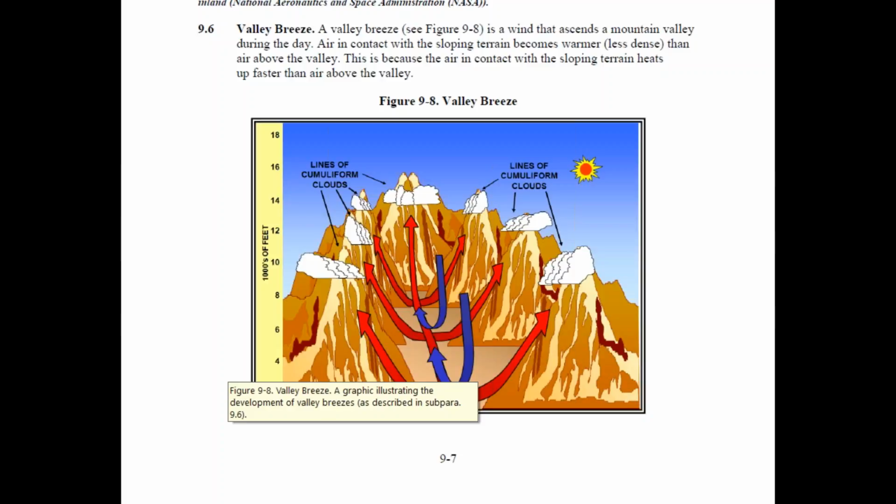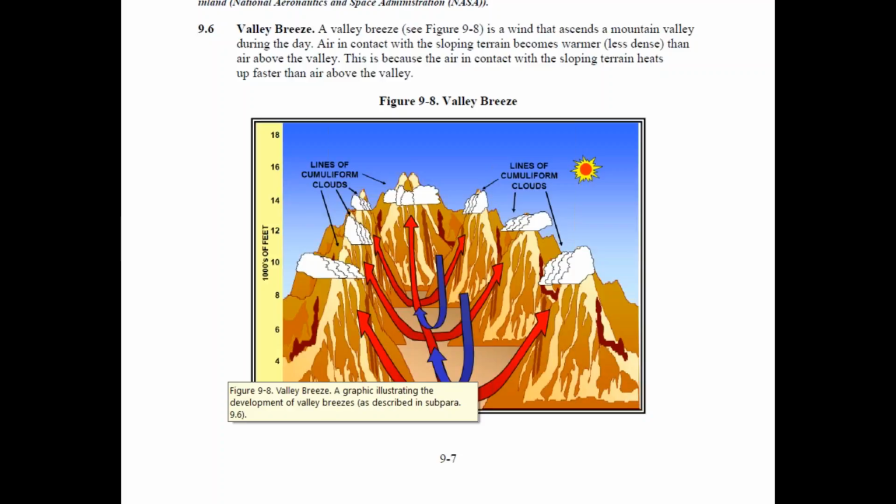But anyway, sometimes you'll see clouds that just top that thing. That's kind of what's happening with a valley breeze. In a valley breeze situation, you have air that's traveling up the mountain, and as soon as it hits the top of the mountain, it's hitting that other air that's coming up the other side of the mountain. Think of the mountain: you've got air moving up the back side, air moving up the front side, and it's converging at the top.